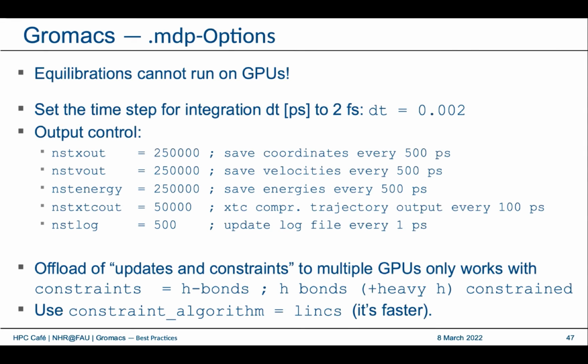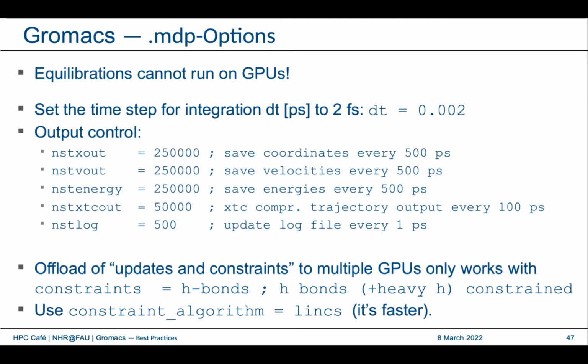Here we come also to the output control, which I've mentioned before. You should not let your simulation write more data than you actually need, and you can control this by setting these variables in the .mdp file, which you use with the Gromacs preprocessor to generate the run input file.